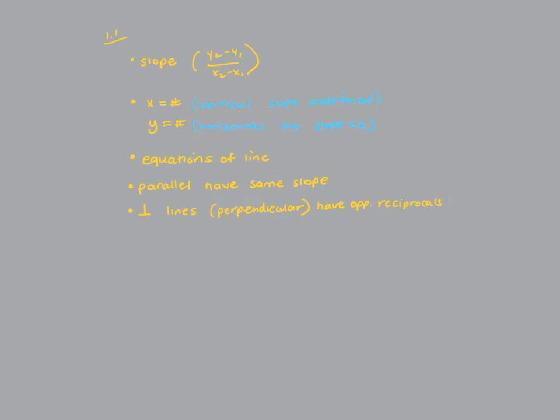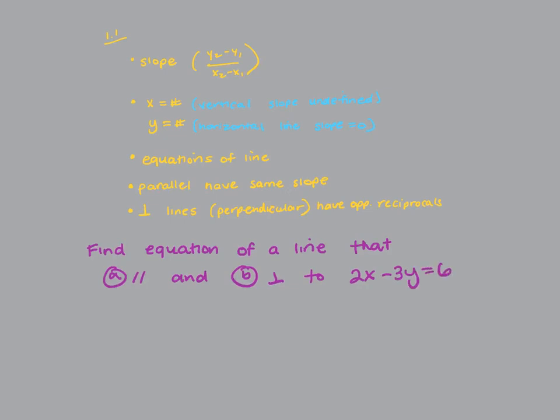Let's say that I tell you to find the equation of a line that is A, parallel, and B, so this is a two-part question, perpendicular, to 2x minus 3y equals 6, that passes through (-1, 7), let's just say.